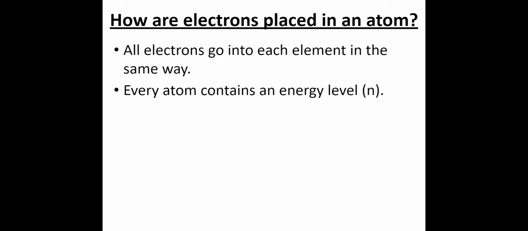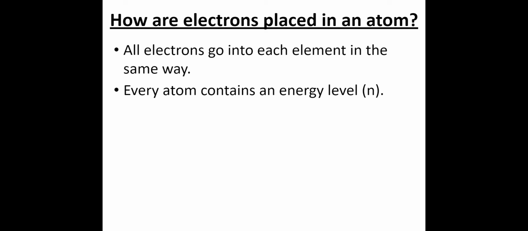First, every atom contains energy levels. We call that the principal quantum number or principal energy number. It begins with n equals 1, and this corresponds to the top of your sheet of paper when you look at the periodic table.